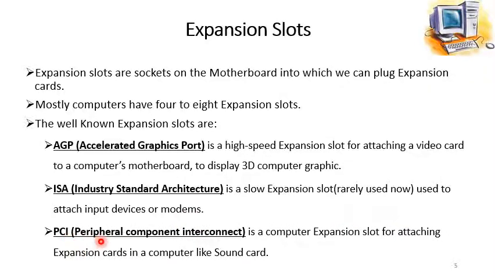PCI stands for Peripheral Component Interconnect. Is a computer expansion slot for attaching expansion cards in a computer like sound card. So these are a few expansion slots which are discussed in your book. You must remember the abbreviations of these expansion slots, like AGP stands for Accelerated Graphics Port, ISA stands for Industry Standard Architecture, and PCI stands for Peripheral Component Interconnect.